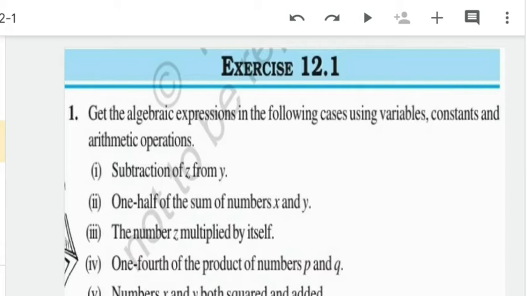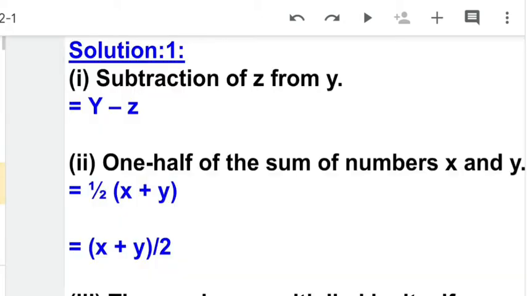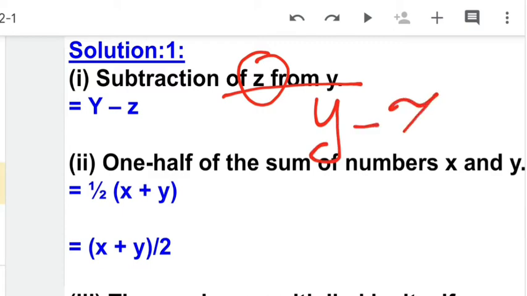Now the first is subtraction of z from y. Means we have to subtract z from y. So the expression will be y minus z.